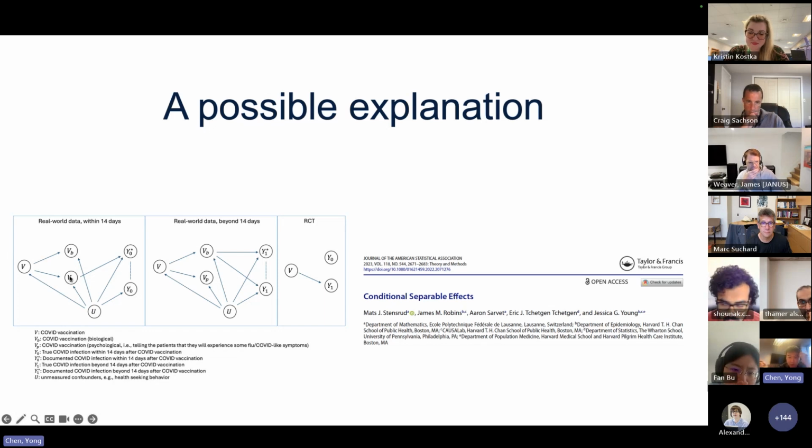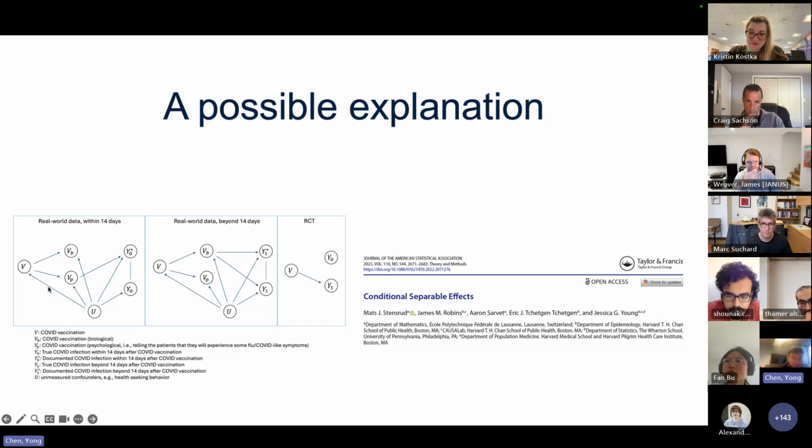So for some patients who actually truly got the vaccination and got COVID within 14 days, because they have these comments from the clinician, they tend to be less likely to report their COVID infection.